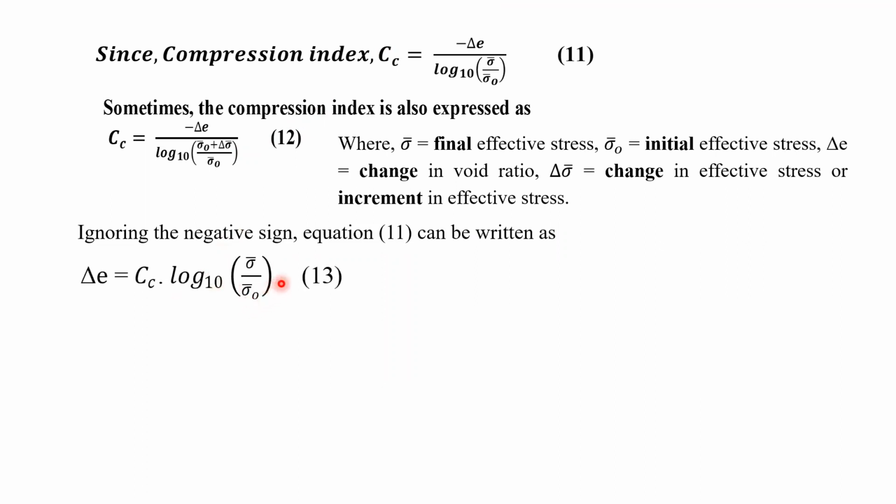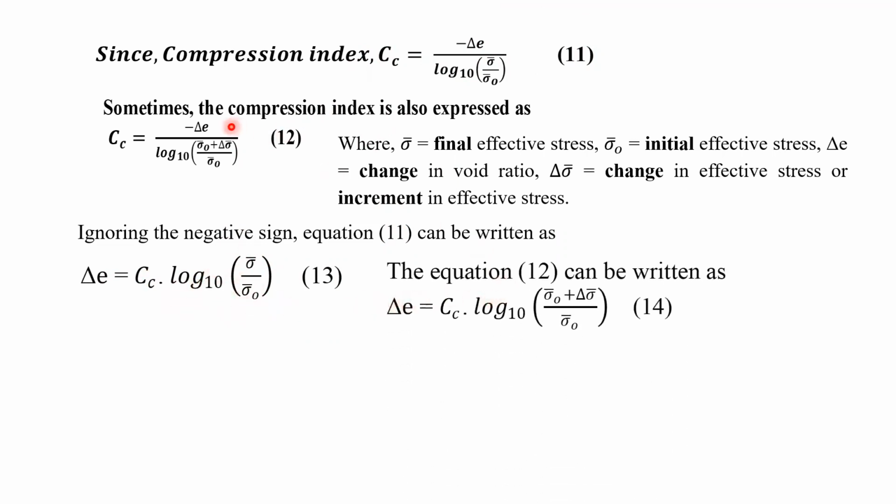So here we can see equation 11. Delta e we can write also as Cc into log of the final effective stress divided by initial effective stress, base 10, right? So equation 12 we can write this way, and this equation also we can write this way.